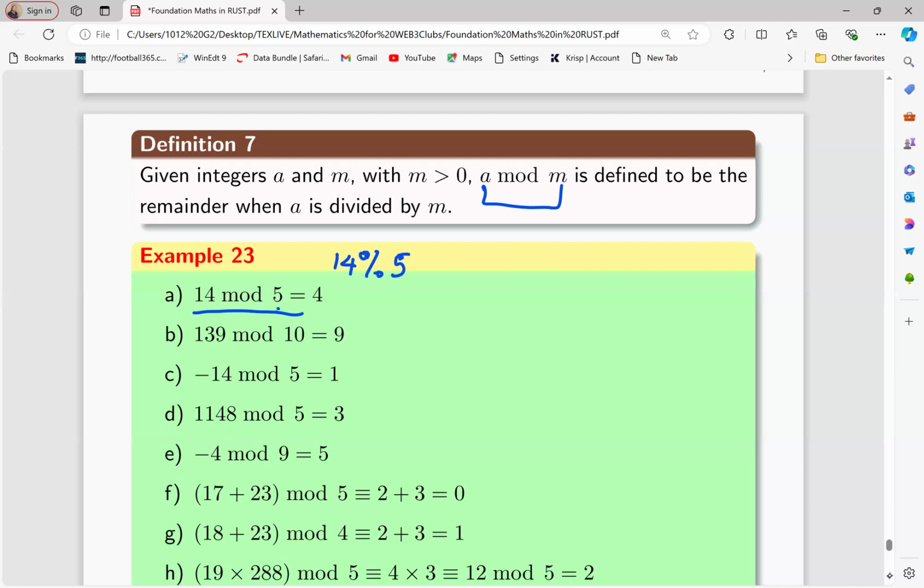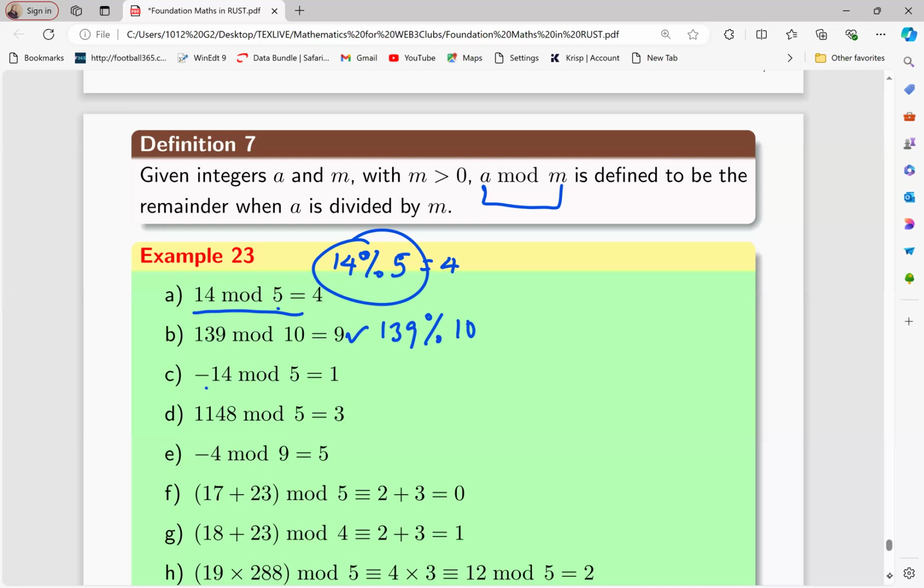This means the remainder, when you're writing the Rust code, the remainder on dividing 14 by 5 is 4. So the remainder of 139 on division by 10, that remainder is 9.